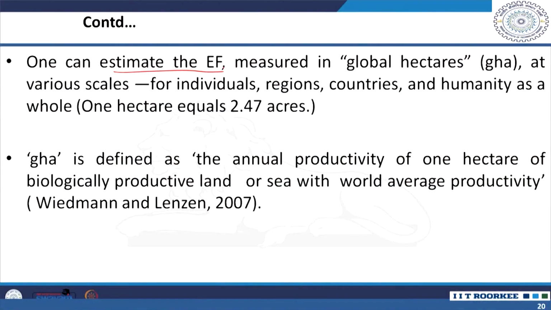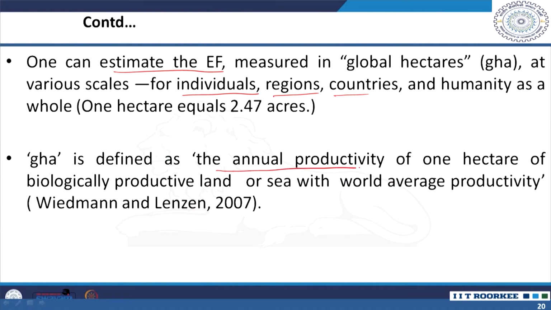From a study it has been found that the global hectares, that is the GHA unit, can be of various scales. For the individual level it has different scales, for regions it is different, for countries as well as for the planet itself it is different. Here 1 hectare is equal to 2.47 acres, so accordingly you can find out the global hectares.